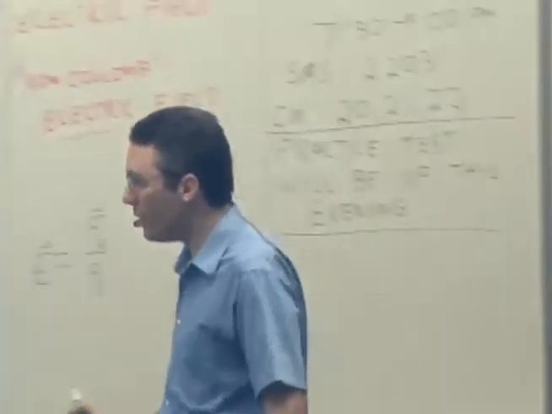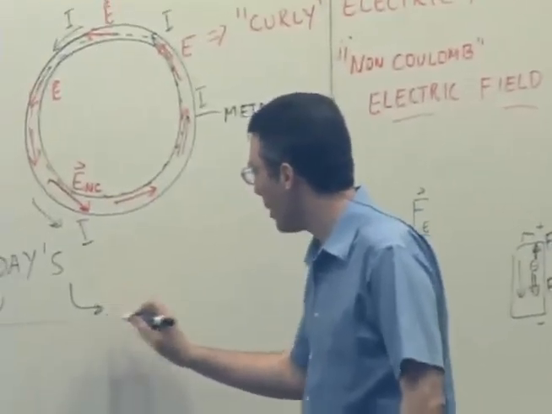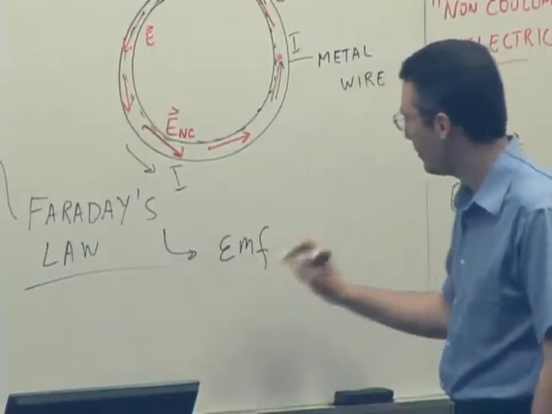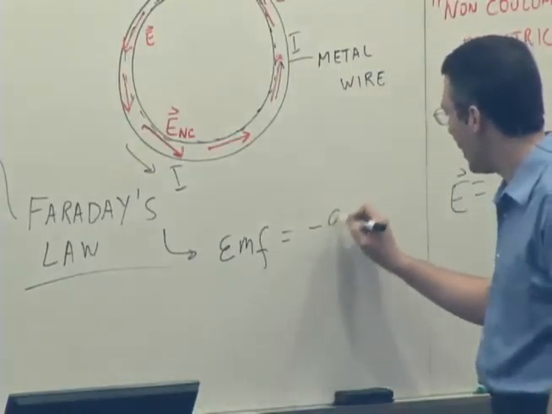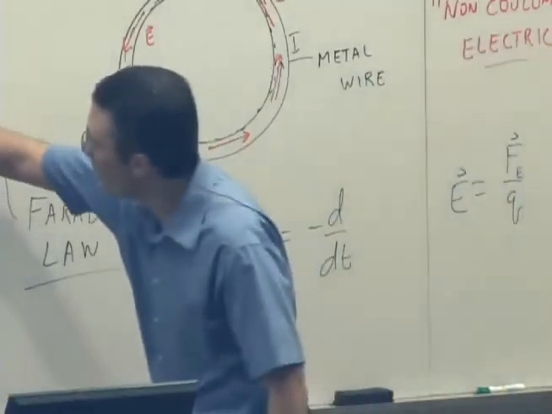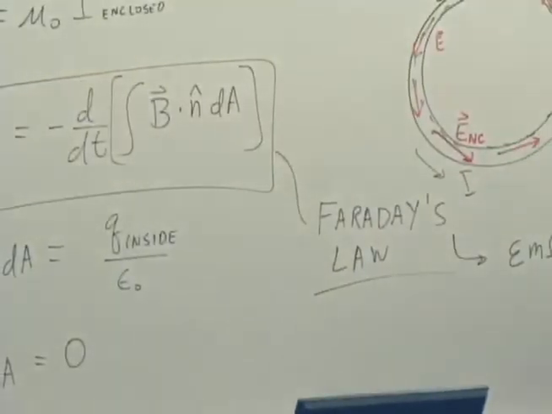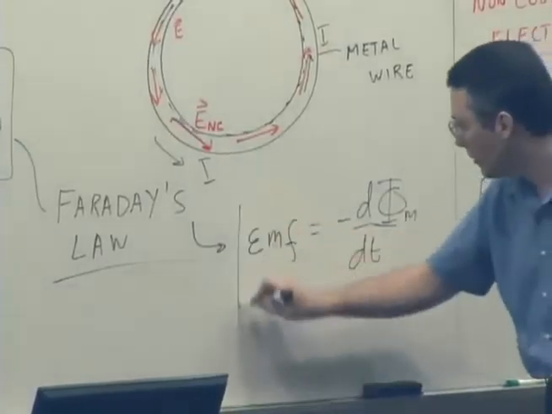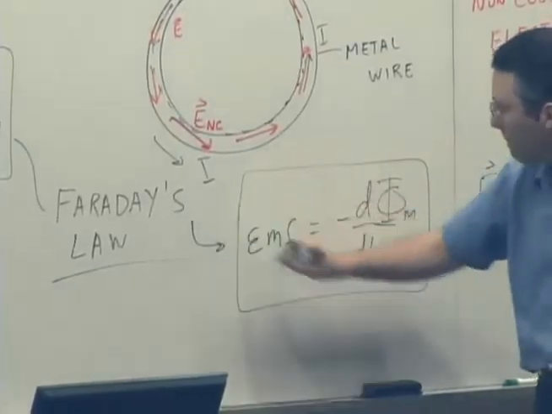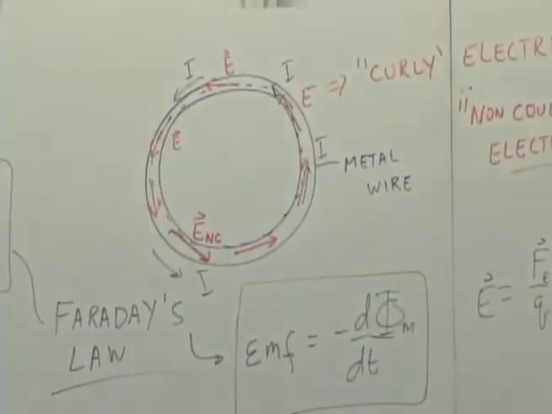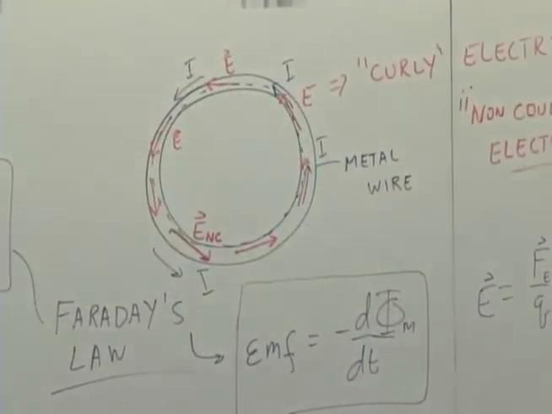So another way that Faraday's law is sometimes written is that this is an EMF equal to a negative time rate of change. And as I said, this thing is a magnetic flux through an area. So we can also write it this way. This is an EMF because we have a non-Coulomb field doing work over a distance, or exerting a force over a distance.